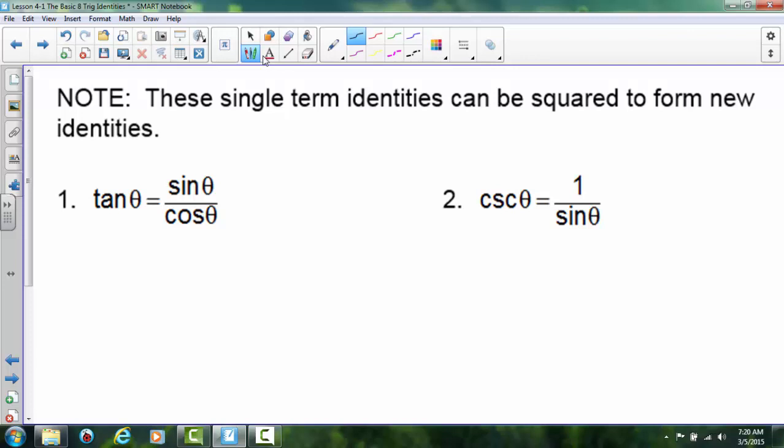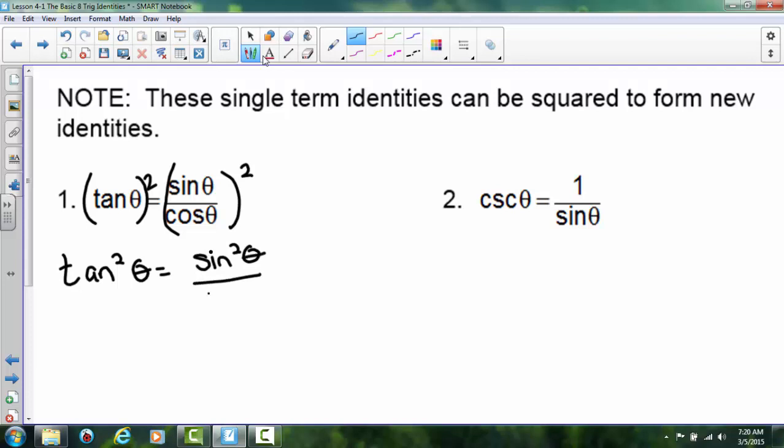Okay, so if we square tangent theta, we'd also square sine theta over cosine theta, and we would get tan squared theta equals sine squared theta over cosine squared theta. Okay, so if we came across tangent squared theta, it would be equal to sine squared theta over cosine squared theta. These would be interchangeable.